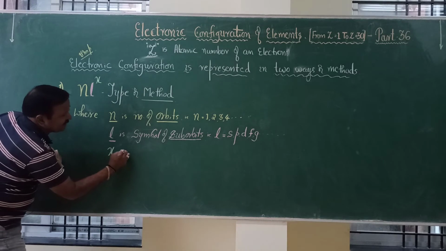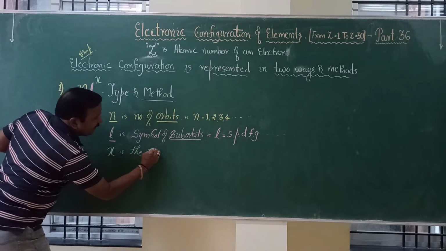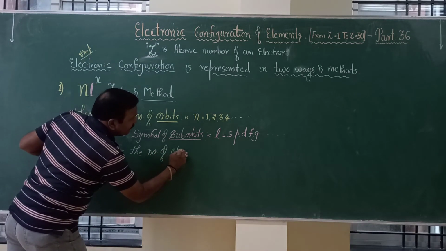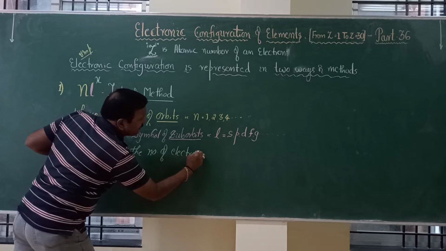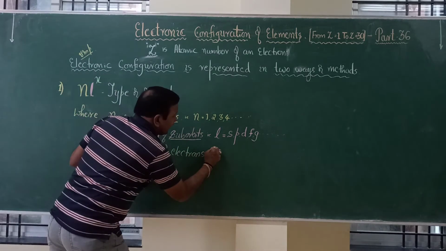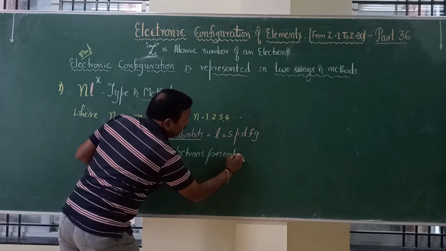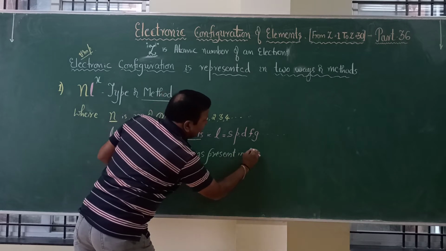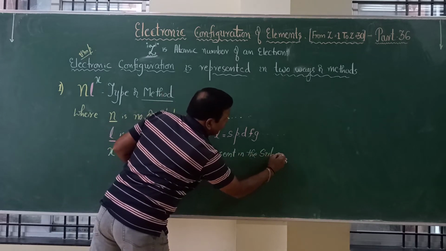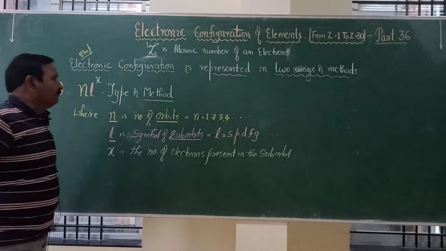X is the number of electrons, the number of electrons present in the suborbit.